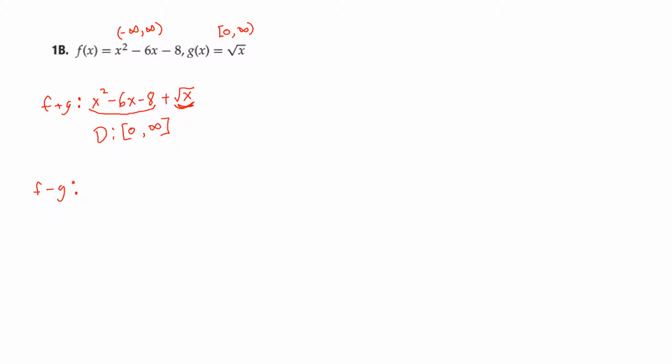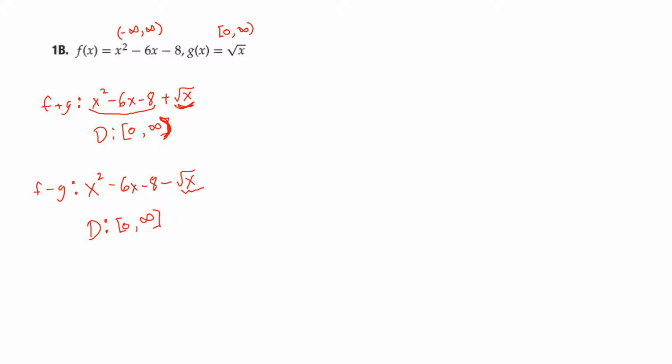From here, I can see that it's going to be the same except for this one change. And so this one change I'm going to make is x squared minus 6x minus 8, and then it's going to be minus square root x. That will not change my restriction on the domain because this still needs to be real valued. So it's still domain is 0 to infinity.